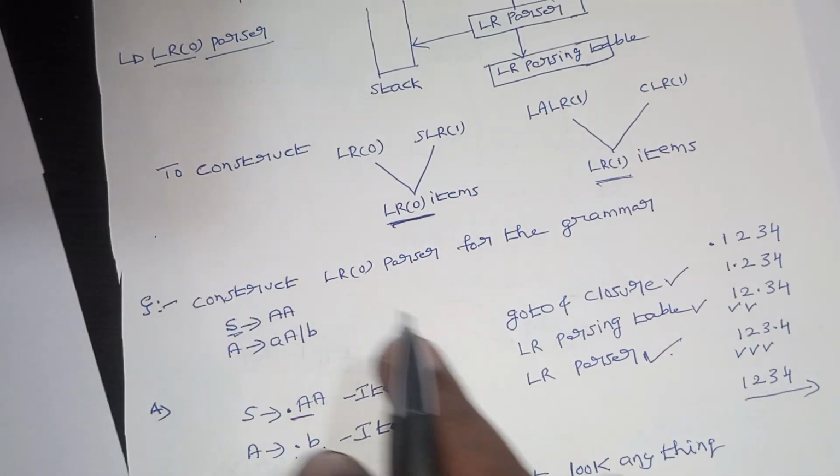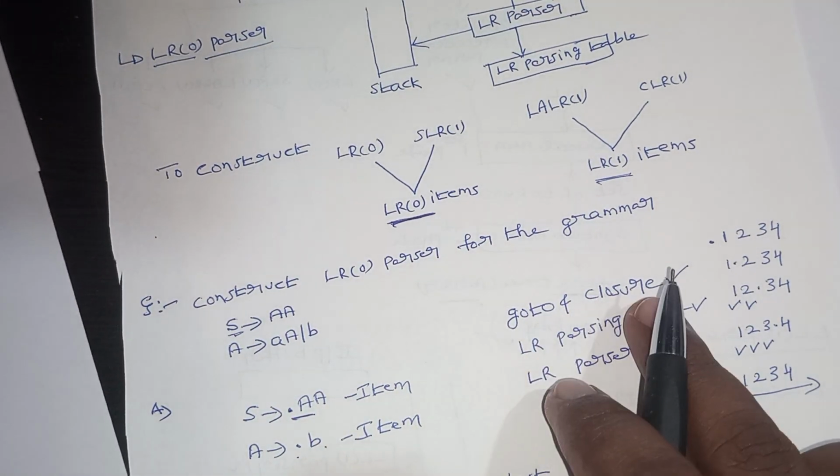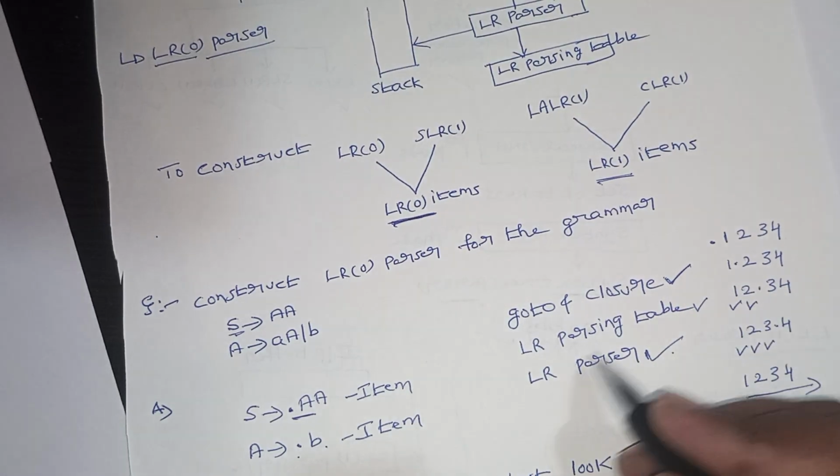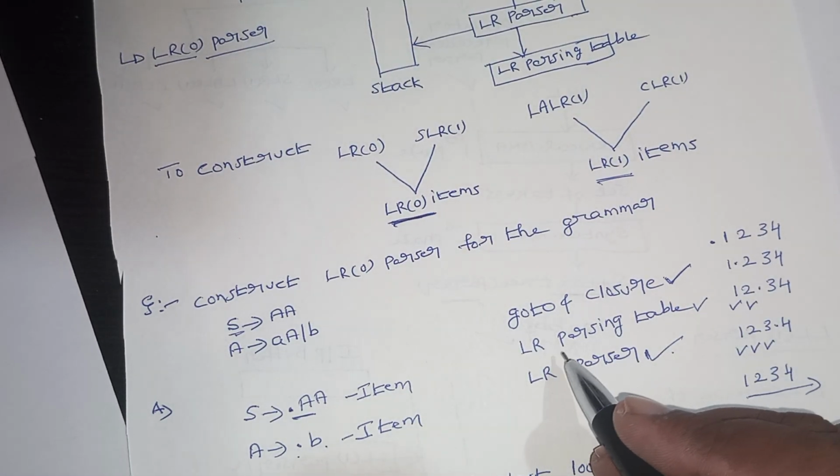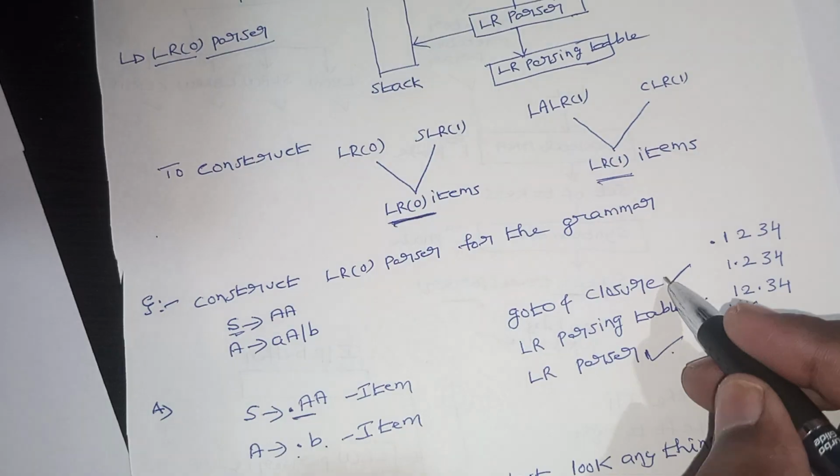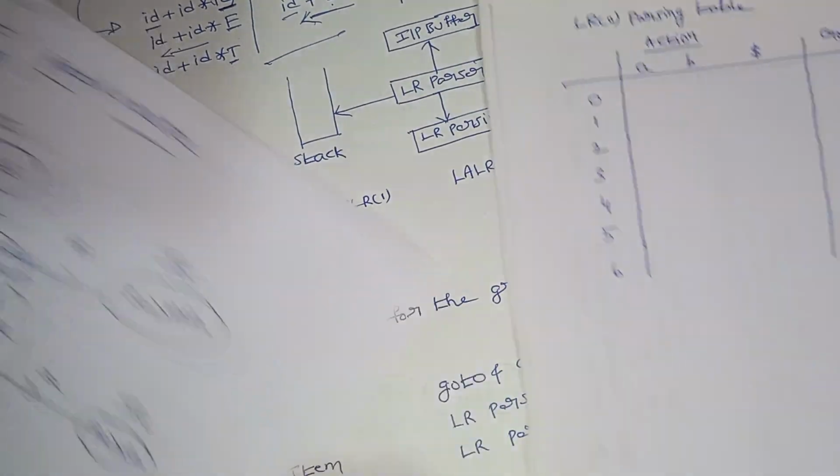First, what do we have to do? We have to construct goto and closure. It is over. Second one, what? We have to build the LR parsing table using goto and closure. Now write a table like this.